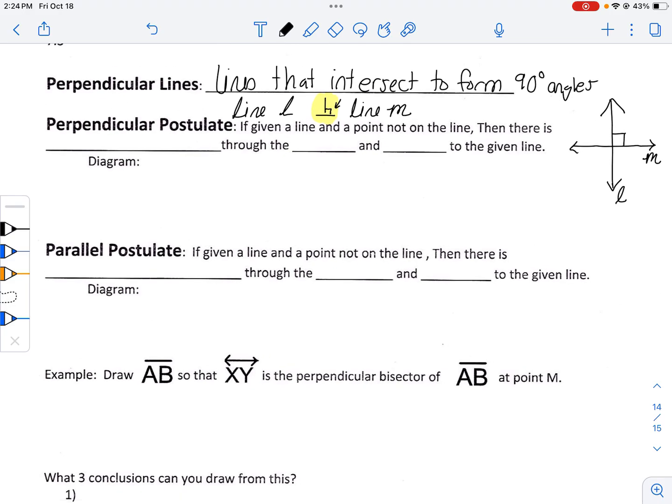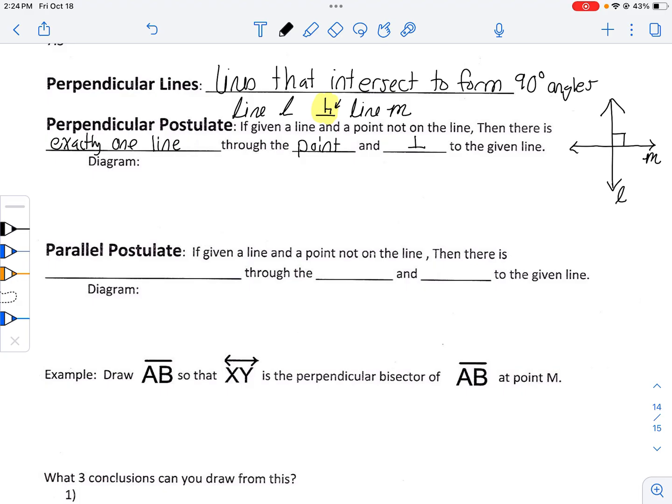Now the perpendicular postulate says that if we're given a line and a point not on the line, then there is exactly one line that goes through the point and is perpendicular to the given line.